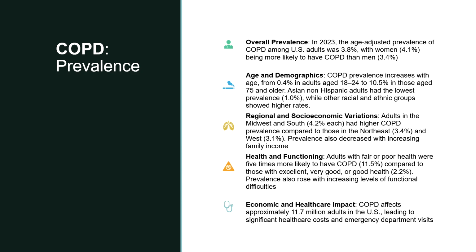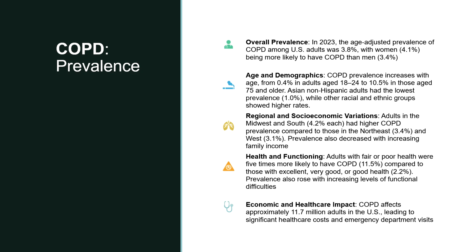In other words, every country is not the same. So, for example, in the United States, it's been shown that COPD prevalence in adults was approximately 3.8% with men and 4.1% with women. So it looks like women have more COPD than men.